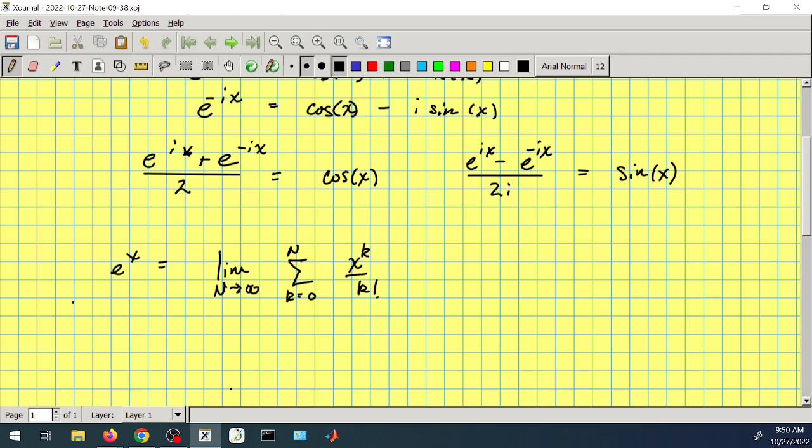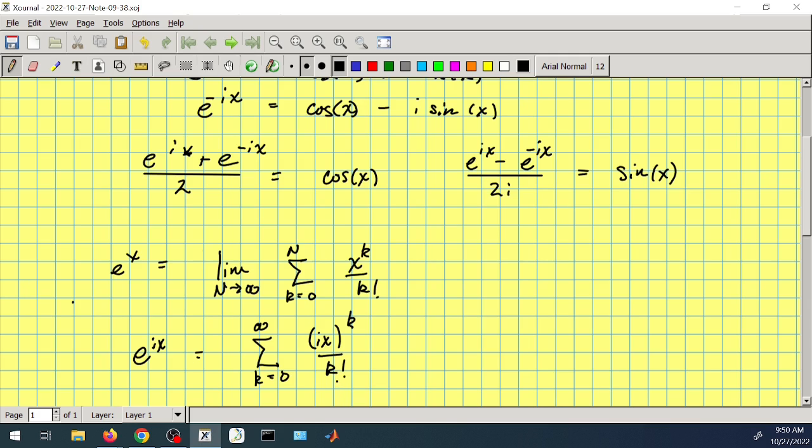Which means that e to the ix is the limit of the sum, and I'll be lazy and just put an infinity up here, which means limit. And now I get ix to the k over k factorial, right?